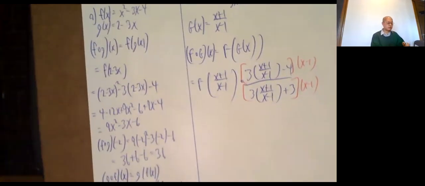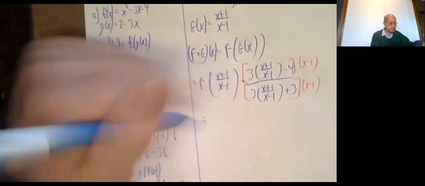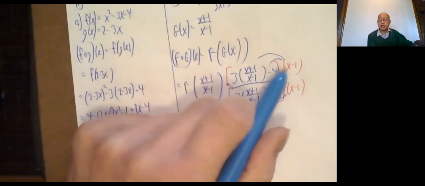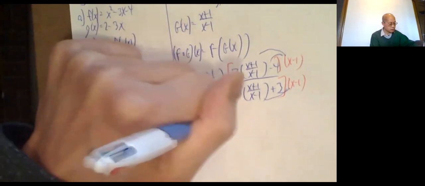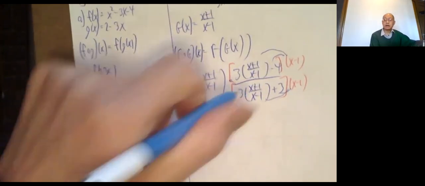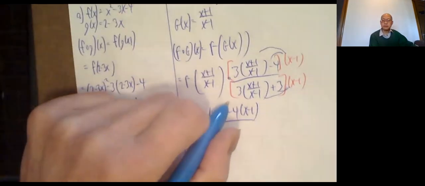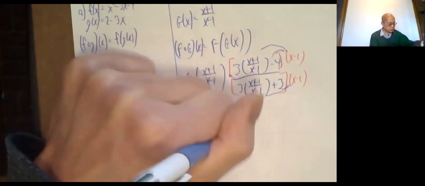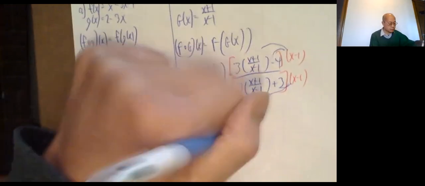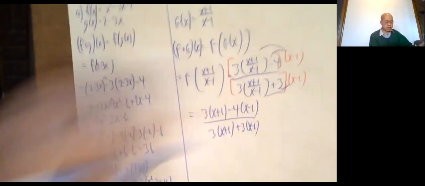Well, I can make it nicer by multiplying top and bottom by x minus 1, common denominator. Make it look nicer. And then if I distribute, I get a cancellation, right? So that's going to cancel that. I have 3 times x plus 1 minus 4 times x minus 1. 3 times x plus 1 plus 3 times x minus 1.